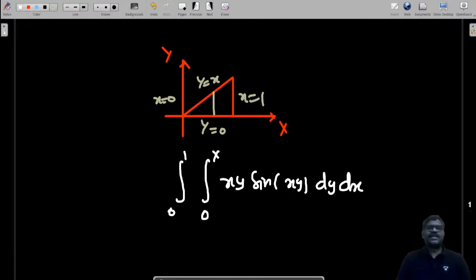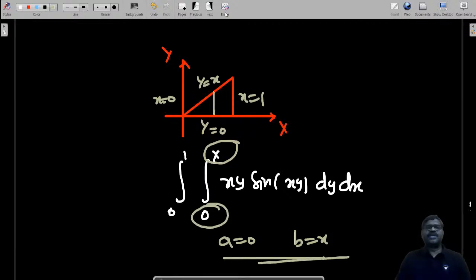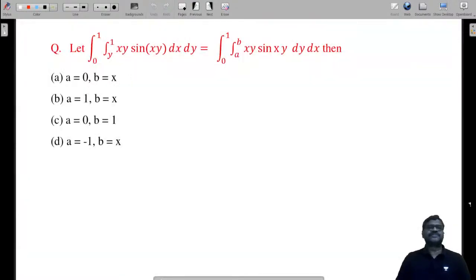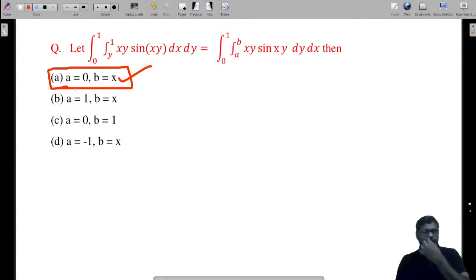Therefore, a value is 0 and b value is x. These two limits only we require. Understood? a equal to 0, b equal to x.